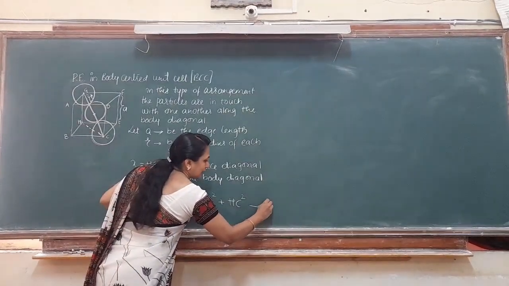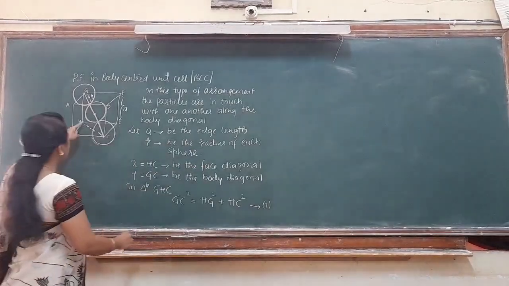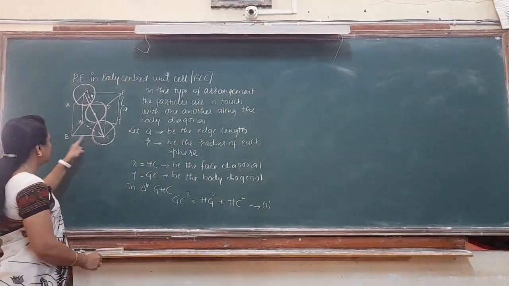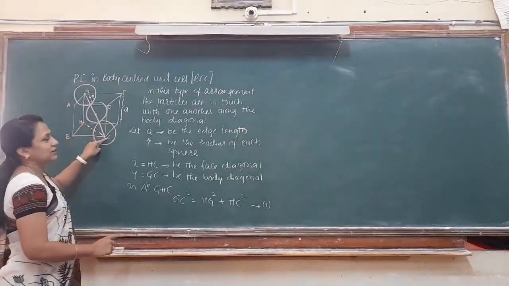Let us call this equation 1. And now consider this triangle, that is BHC, because we don't know the HC value.